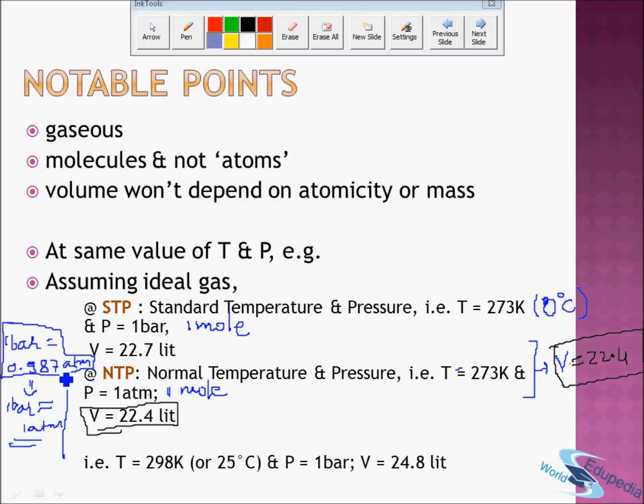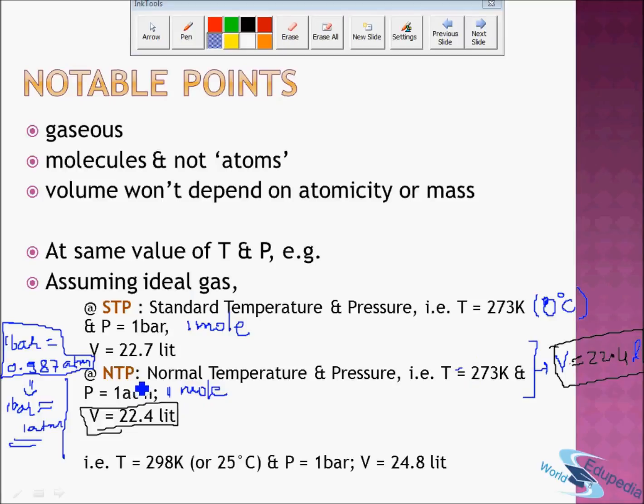But since 1 bar is approximately the same as 1 atmosphere, we can assume that STP and NTP conditions are kind of equivalent. So we always take the volume under both conditions to be 22.4 liter for 1 mole of gas. Moles are fixed. You have to fix the moles in order to fix the volume.